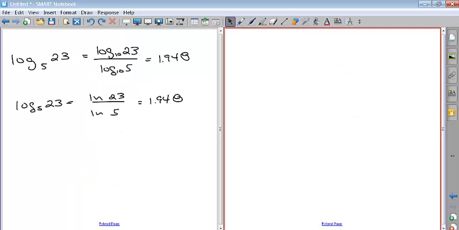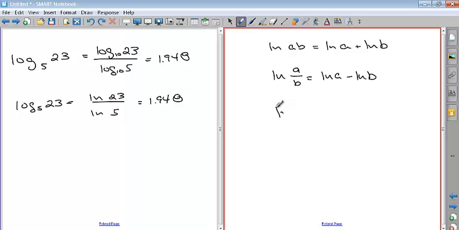Okay, now the properties of logarithms, there's three properties. One says that the logarithm of a product is the sum of the logarithms individually. The logarithm of a quotient is the logarithm of the numerator minus the logarithm of the denominator.